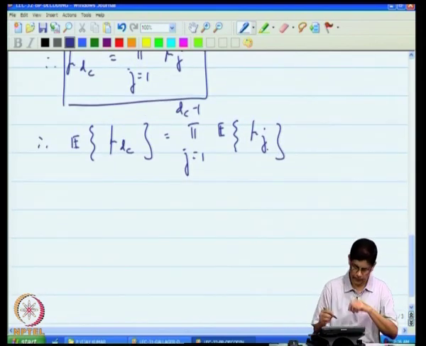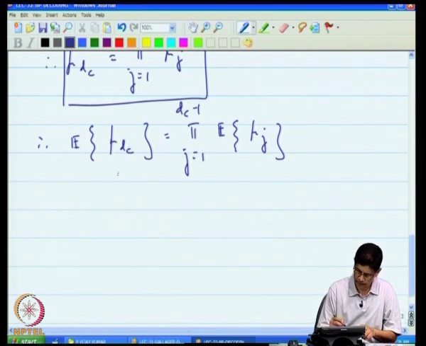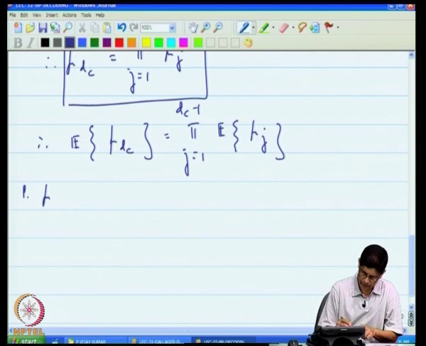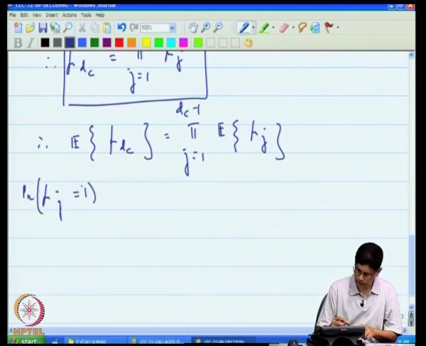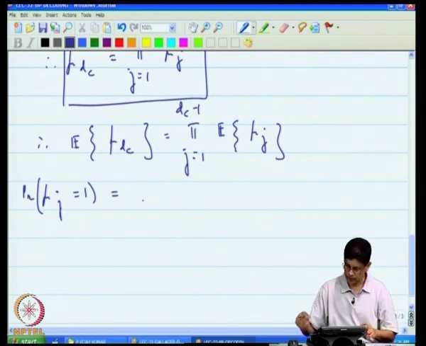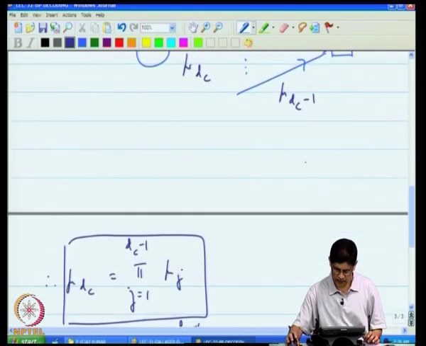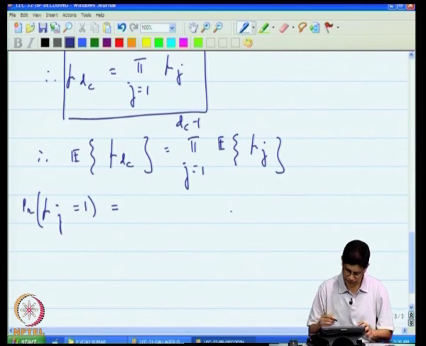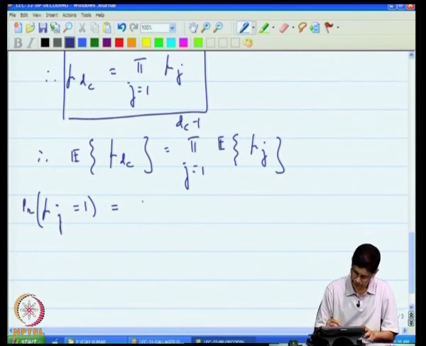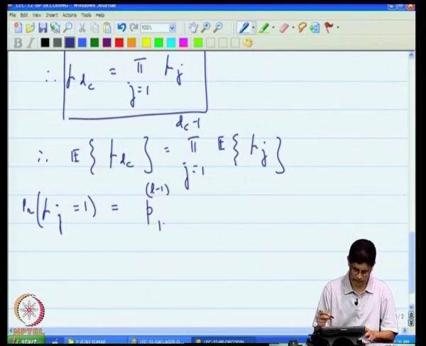Now, the probability that mu j is equal to 1 in our notation, because we are now talking about messages that are ingoing to a check node, is p sub l minus 1 of 1.